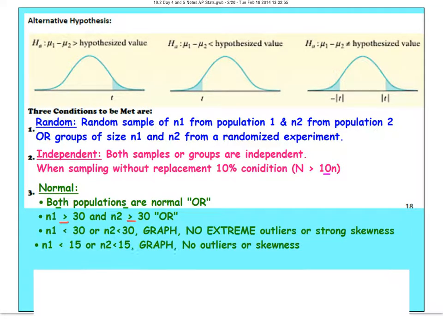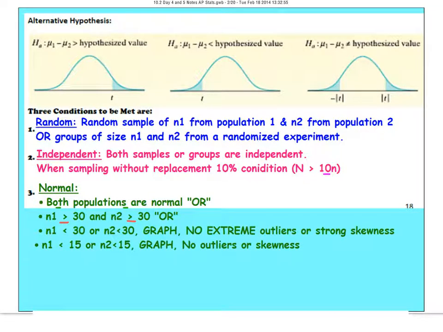Or if we get smaller than that, the two other extremes, keep in mind, if you are less than 30 but up to 15 basically, you do have to graph it out. You're looking for no extreme outliers or strong skewness. Really just the extreme level on here. Anything less than 15, you need to graph it out and look for no outliers or skewness in this case.